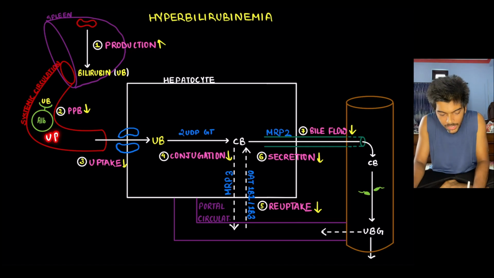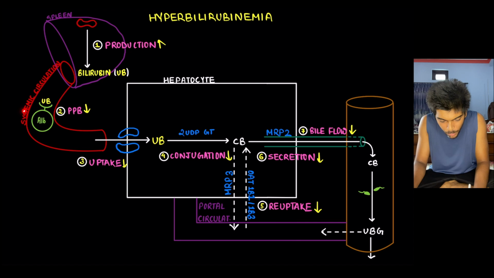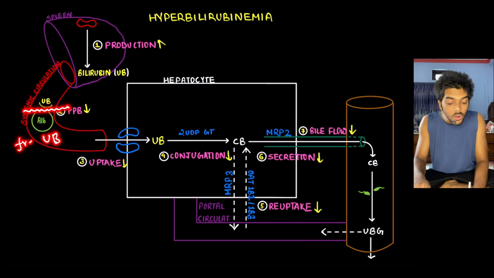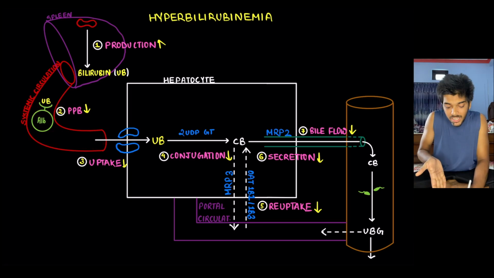The unconjugated bilirubin is transported to the liver by albumin via plasma protein binding. If plasma protein binding does not take place, unconjugated bilirubin, which is free now, not bound to any protein, will not reach the liver. If it will not reach the liver, conjugation will not take place.